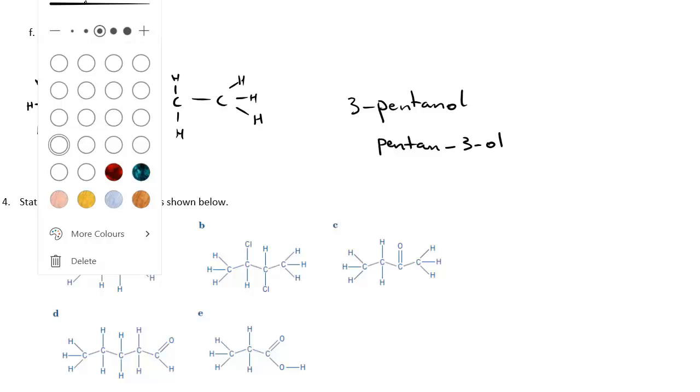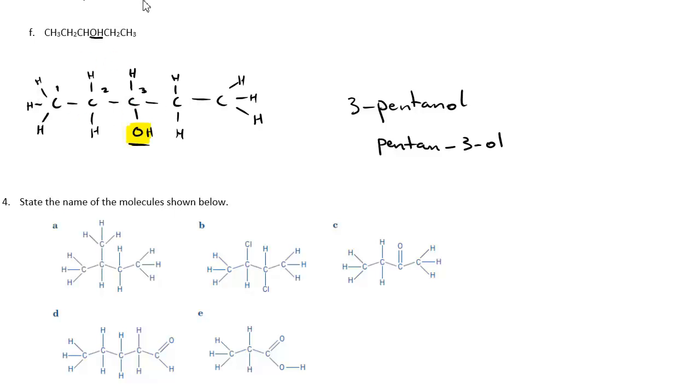So this is the same kind of work that we did before, except now we're looking at it from the perspective of a structural formula. So it looks like we have to identify our longest chain first. So we have our longest chain right there, 4 carbons long, and this is our methyl functional group.